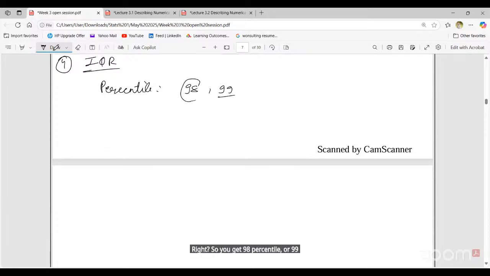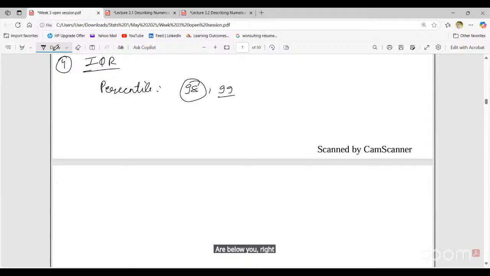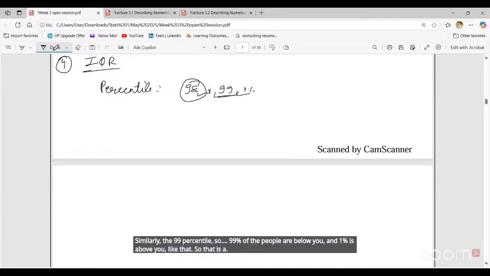What do you mean by 98 percentile? That means 98% of the people are below you and 2% of the people are above you. Similarly, for 99 percentile, 99% of the people are below you and 1% is above you. That is a percentile.